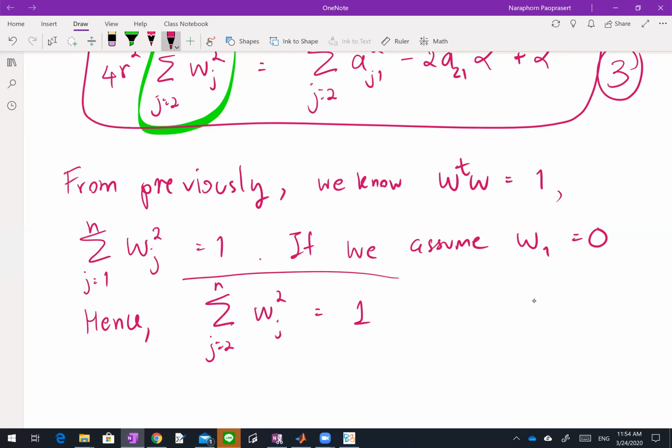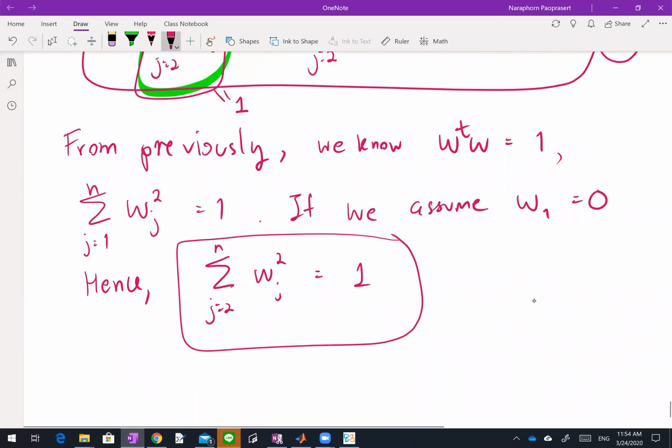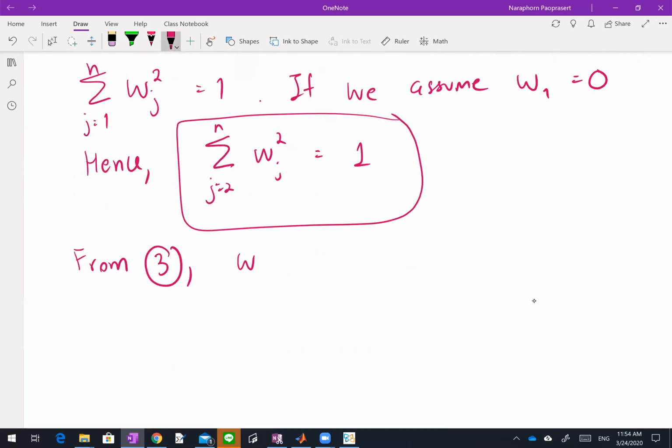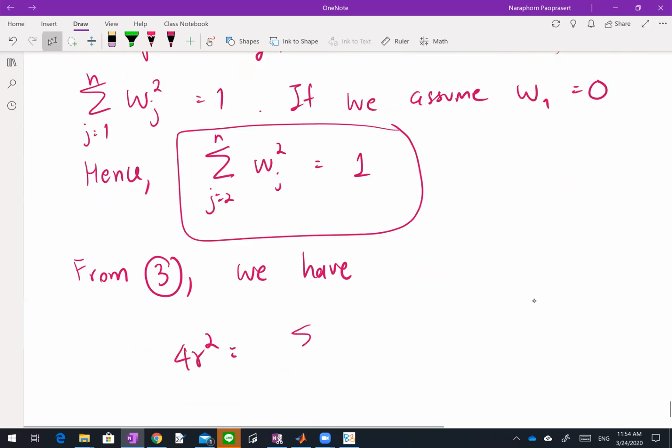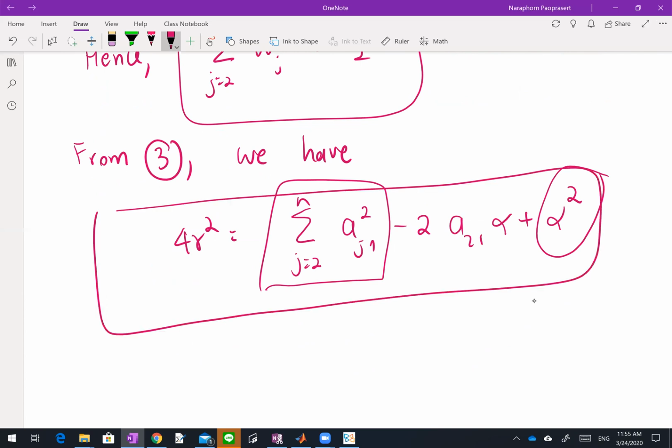So you know that this summation is just this summation, so this summation is just 1. So from 3, we have 4r square equals summation j from 2 to n aj1 square minus 2a21 alpha plus alpha square. So let's take care of this sum and alpha. I'm just going to call this equation number 4.